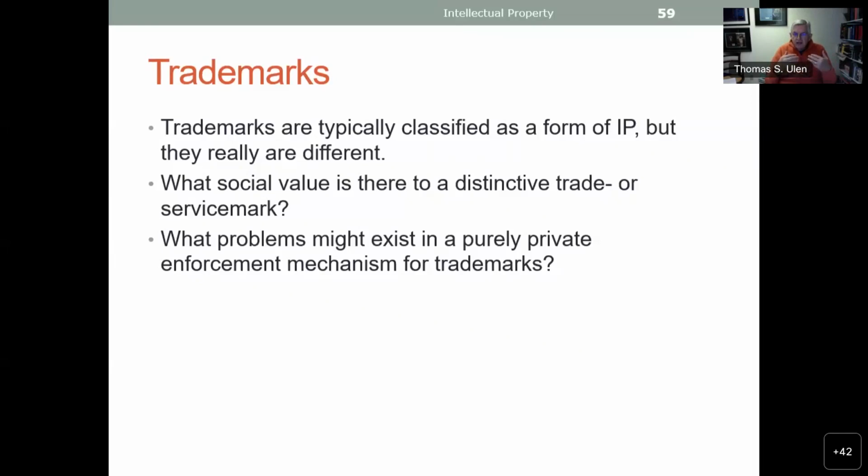And if that distinctive product can be easily copied, then the person who developed the product is not going to be able to realize the benefits of having invested in making his or her product distinctive, something that consumers value. And so the legal response is to give that person a property interest in the name and the identification of their product through something called a trademark.